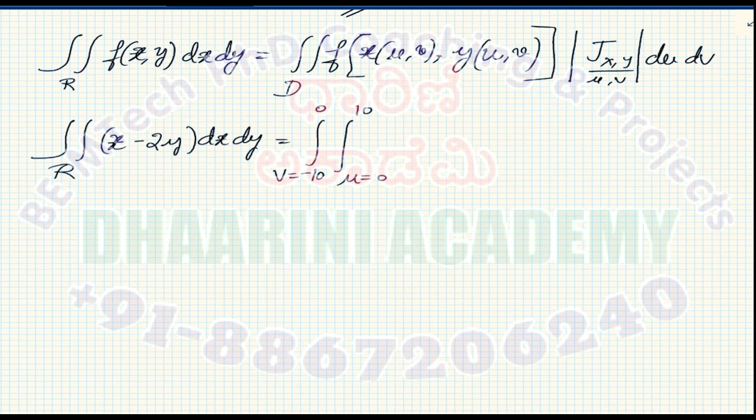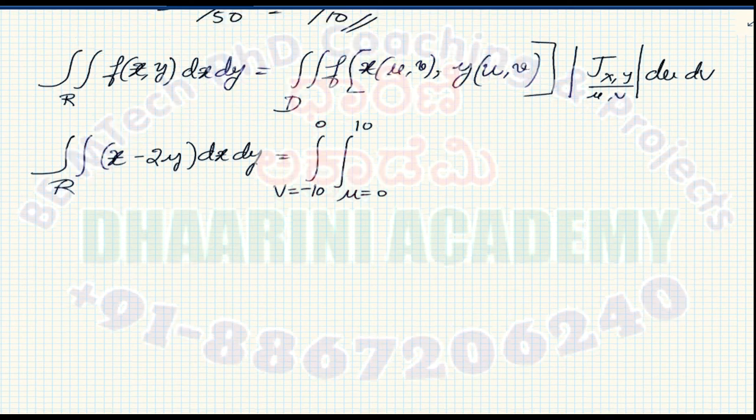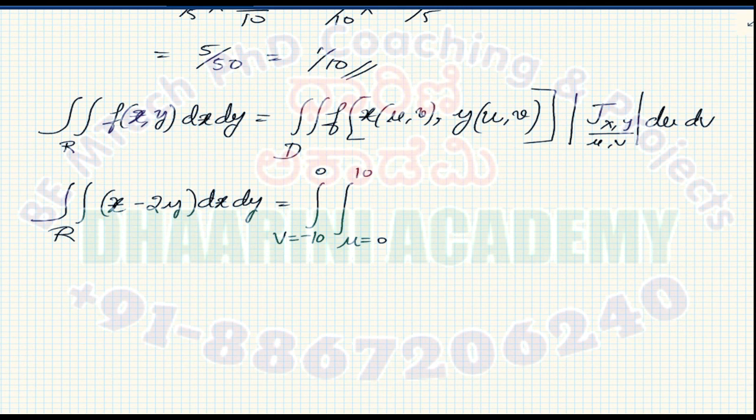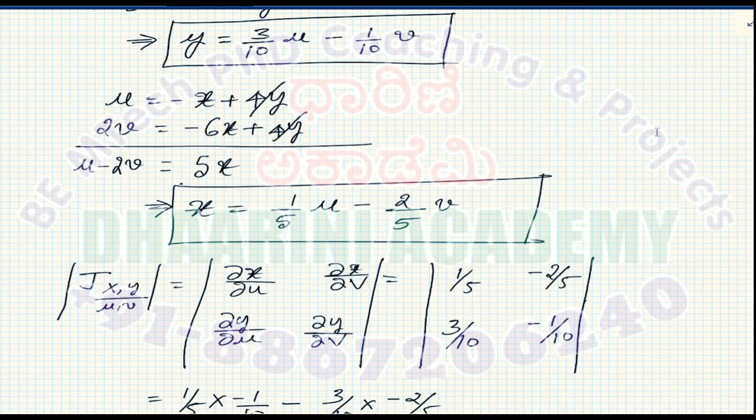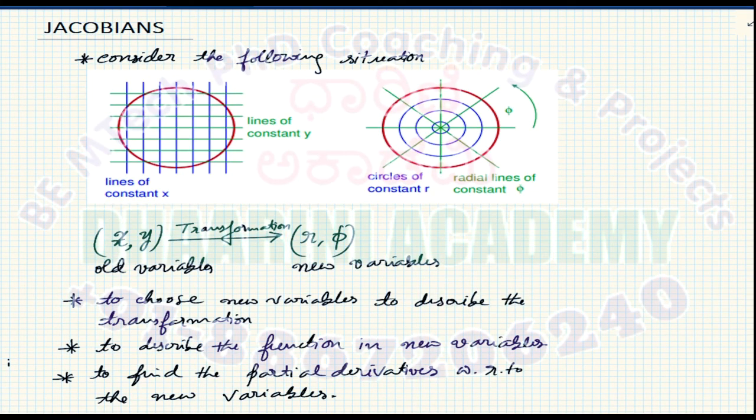Right? X equal to something we found, y equal to something that's also we found. So let me show you that part now. So you see here, this is the equation. Wherever you see x, you are going to replace it by this. Wherever you see y, you are going to replace this.